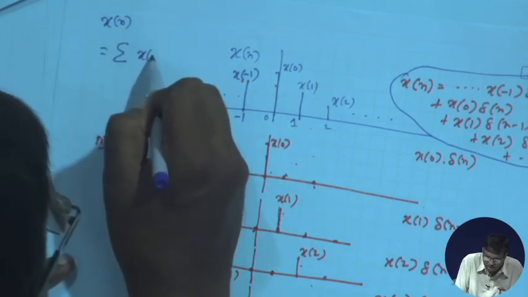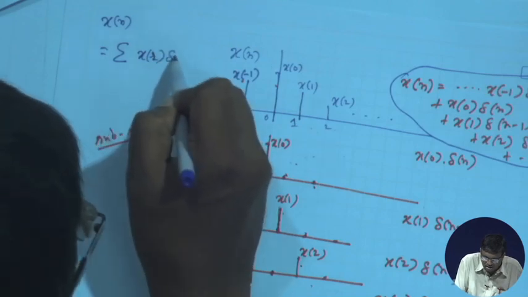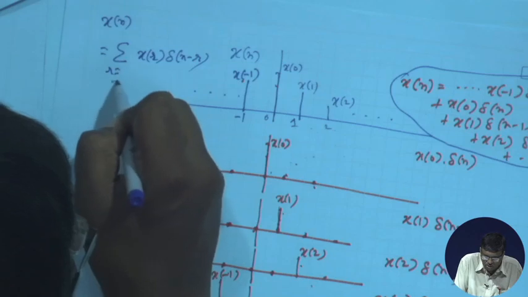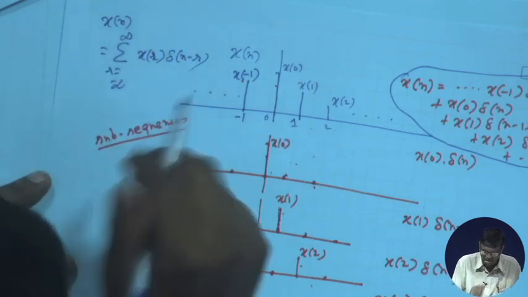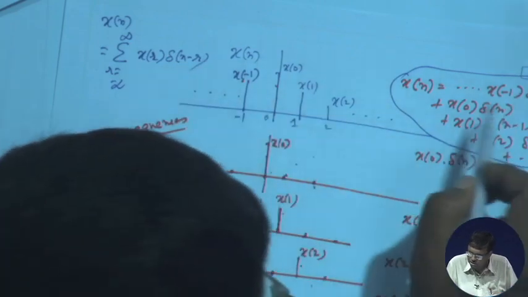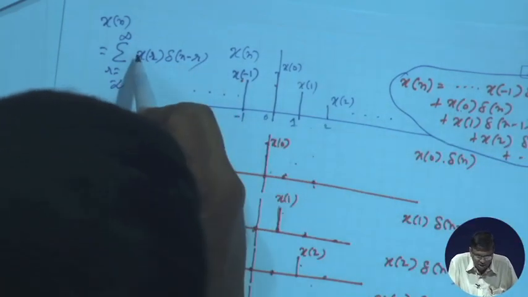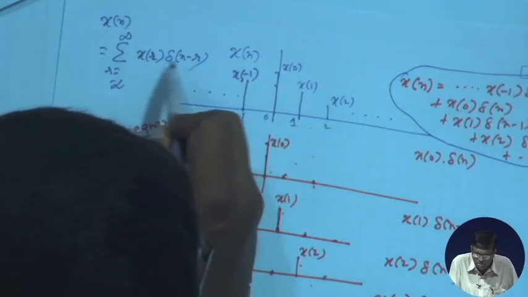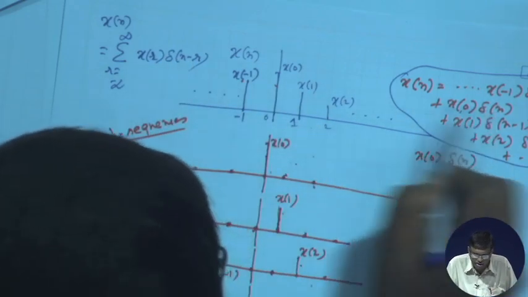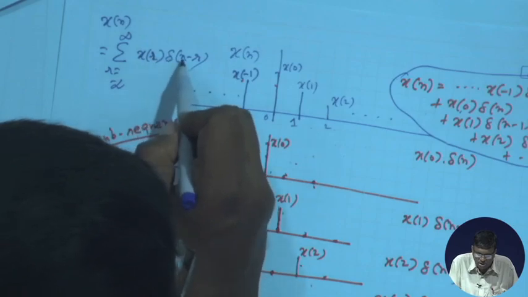You start with x r delta n minus r, and r will be from minus infinity to infinity. Just see, if r equals 0, x of 0 delta n minus 0, so x 0 delta n. If r is 1, x 1 delta n minus 1.